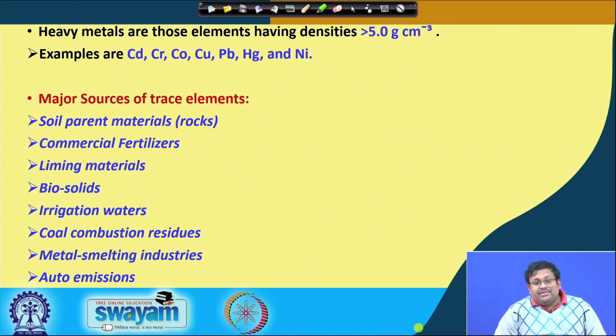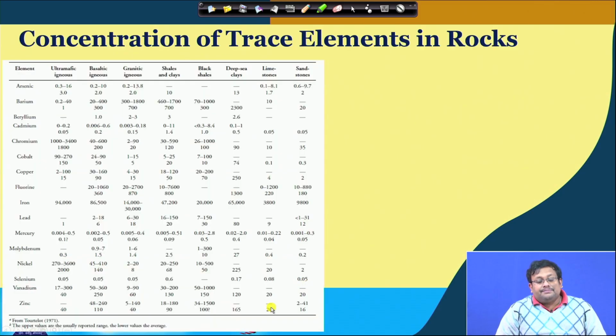Soil parent material, that is the rocks, is one of the major sources of these trace elements, along with commercial fertilizers, liming materials, biosolids, irrigation water, coal combustion residues, metal smelting industries and auto emissions. All these are different sources of trace elements.